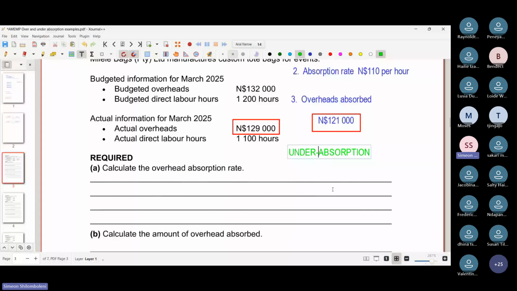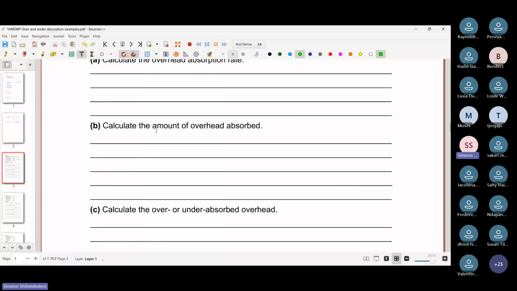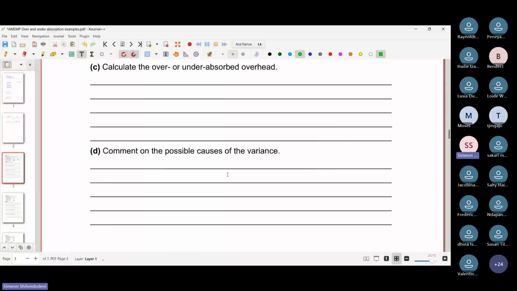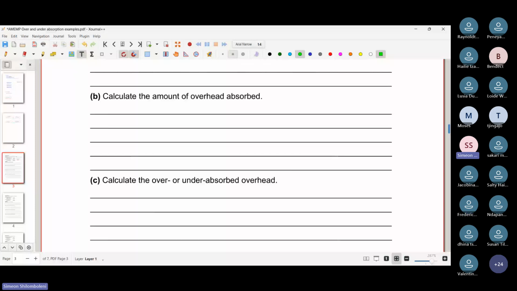Question two is for you to get the amount of overhead absorbed, the 121. Question three is to calculate the over or the under where you are comparing. And then question four is where you are commenting on the variance. The variance is now that difference that you are getting. Now, in the exam, you are not going to get all of them from A to D. It will just be one question.